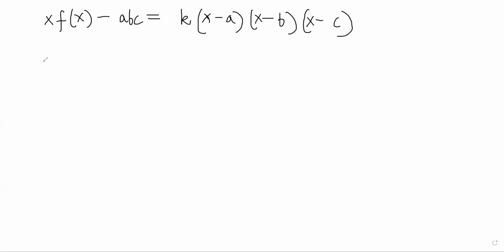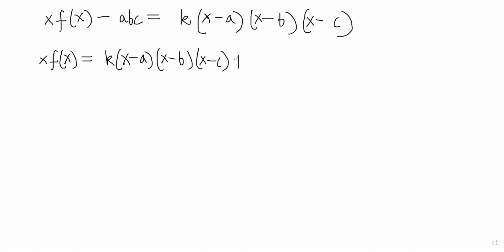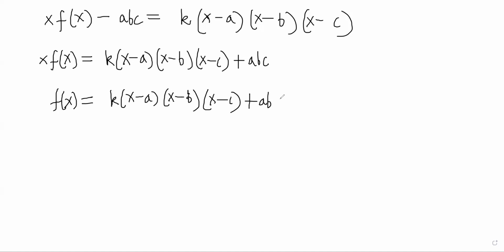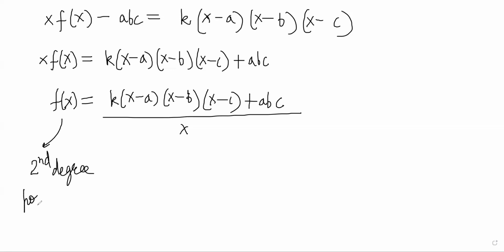So let's think about it. x f of x is equal to k times x minus a, x minus b, x minus c plus abc. And therefore f of x is equal to k times x minus a, x minus b, x minus c plus abc divided by x.